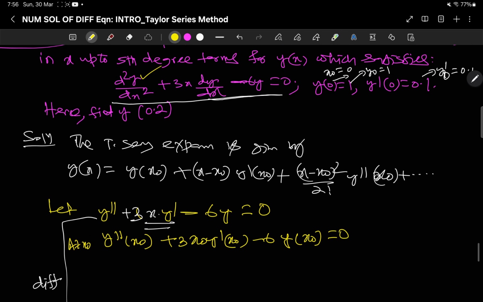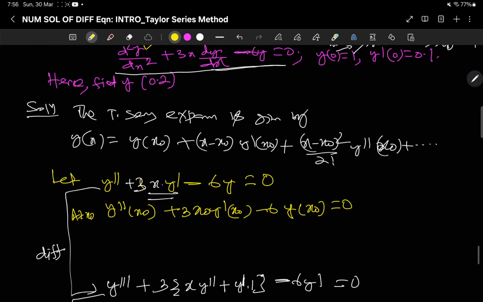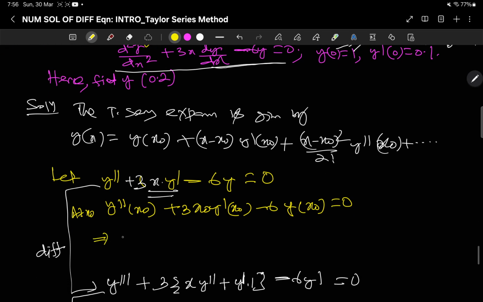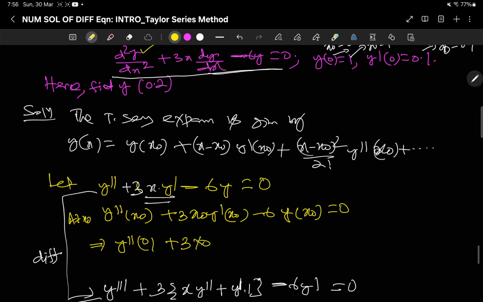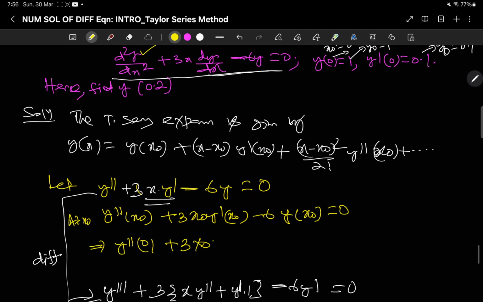I substitute the values, x0 is 0, y0 is 1, so y double dash 0 plus 3 times 0 minus 6 times 1 equal to 0.